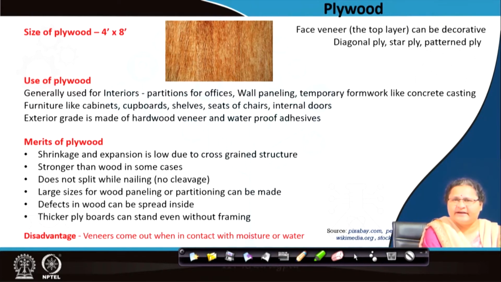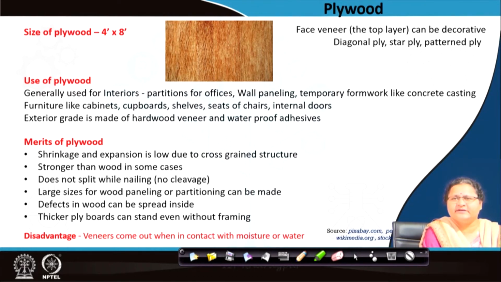Defects can be spread out as I have shown you. Thicker plywoods can stand as a partition wall without any supporting framing also. So, if you use internal partition walls, you can directly go for thicker plywoods. The greatest enemy is the moisture and low quality adhesive.